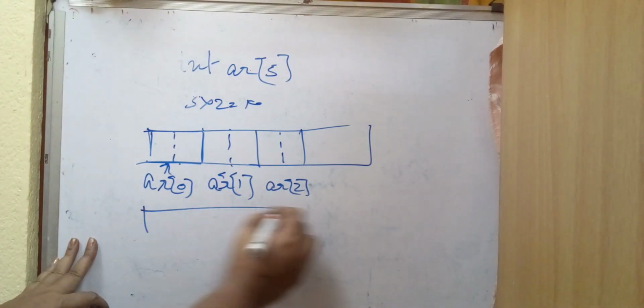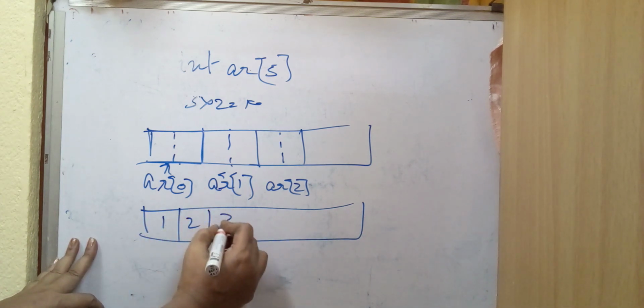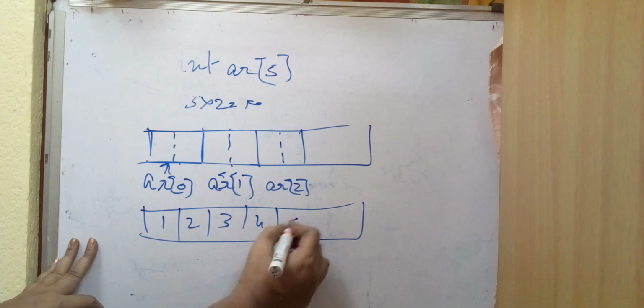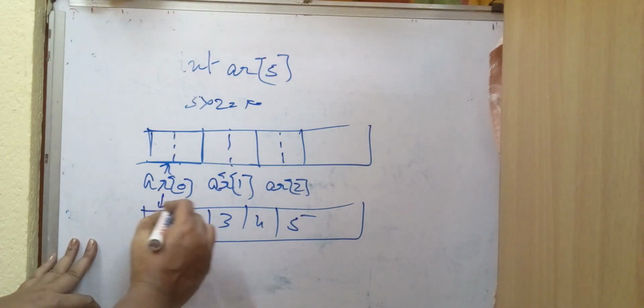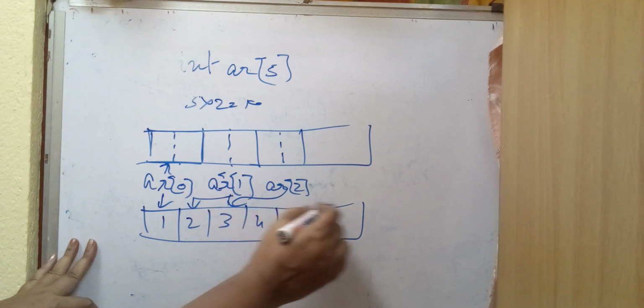Suppose I am storing just 1 2 3 4 5 in AR0 and so on.